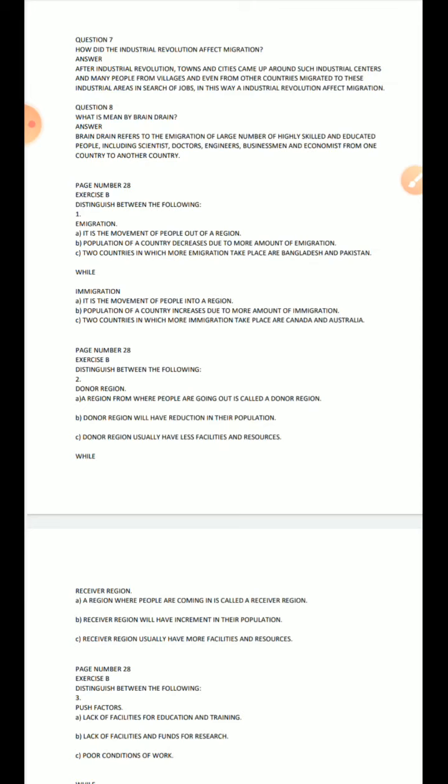In this way, the Industrial Revolution affected migration. I hope you understood the answer. If you didn't understand, ask me in the comment box. It's easy enough. How the Industrial Revolution affected migration.